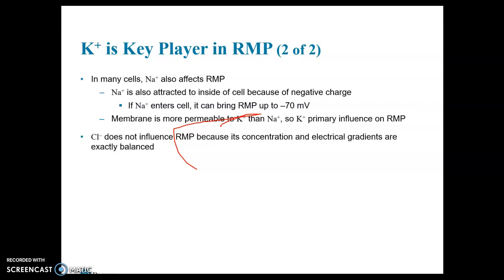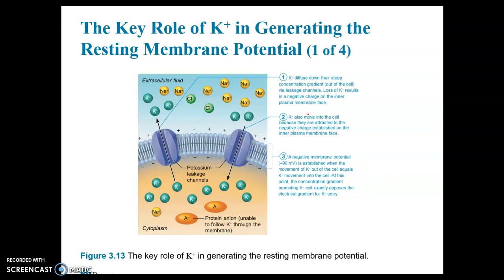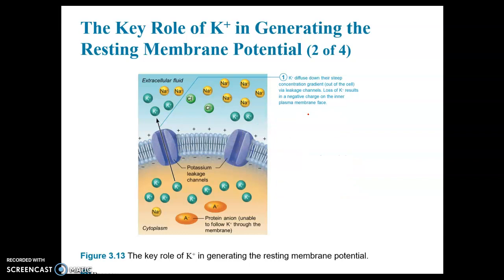Sodium wants to come inside the cell because the concentration is high outside and low inside the cell. So if sodium enters the cell, it can bring the resting potential up to negative 70 because sodium is positive. So if it comes into the cell, it's going to make the membrane potential less negative, from negative 90 to about negative 70. And we can see this whole process illustrated here.